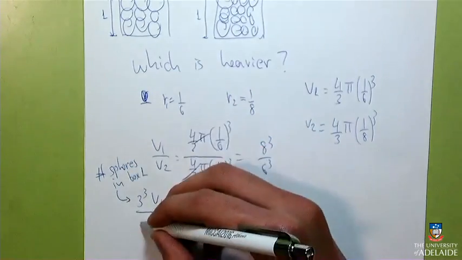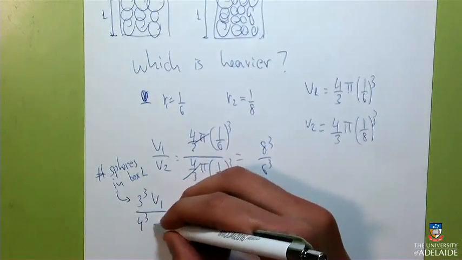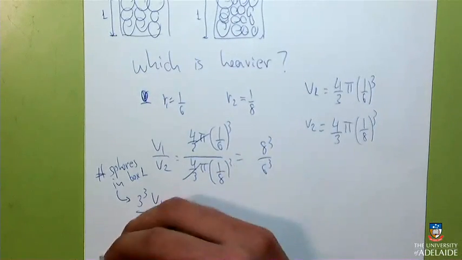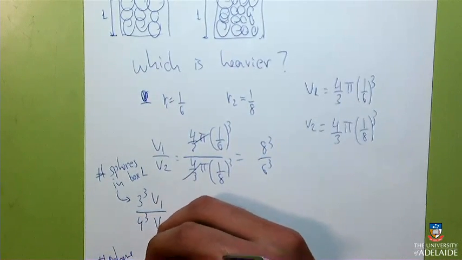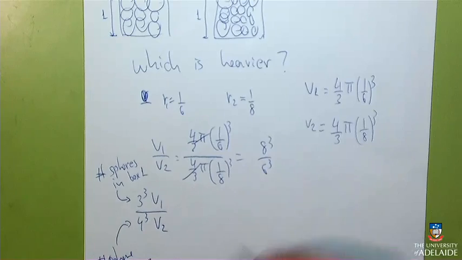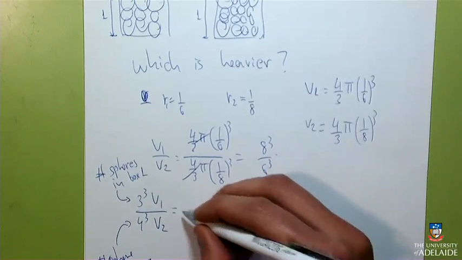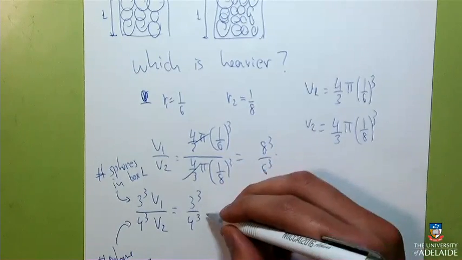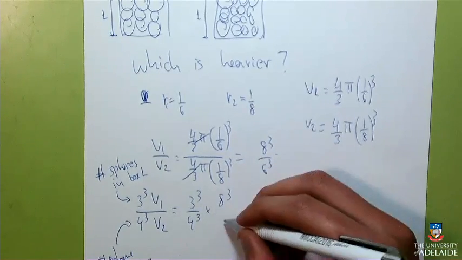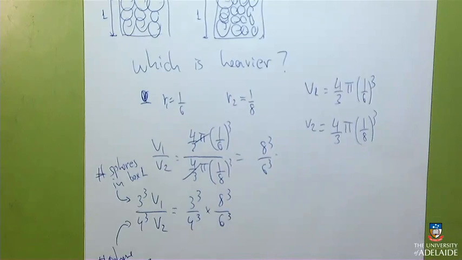And the other one is going to be 4 cubed times V2, again the number of spheres in box 2. So I already have this ratio. So that means this is going to be 3 cubed over 4 cubed times 8 cubed over 6 cubed.